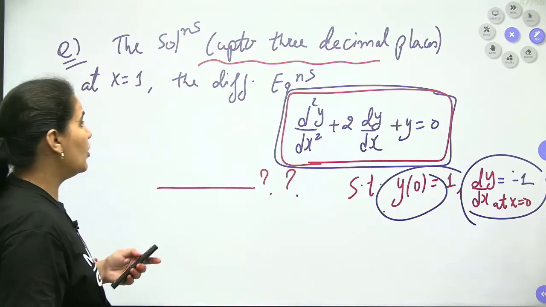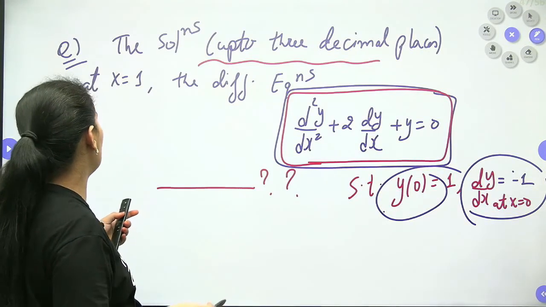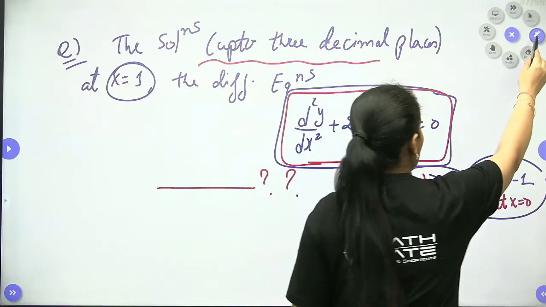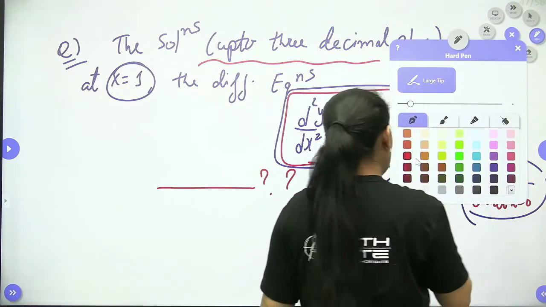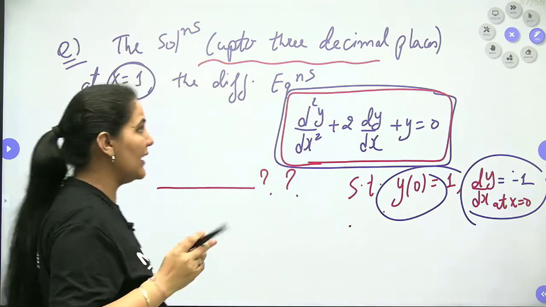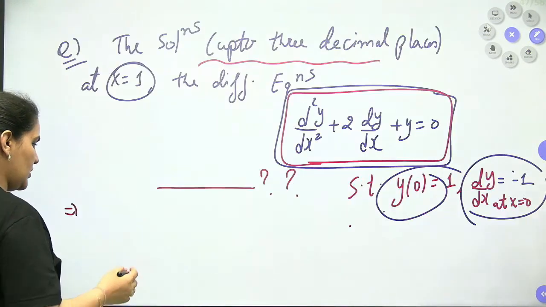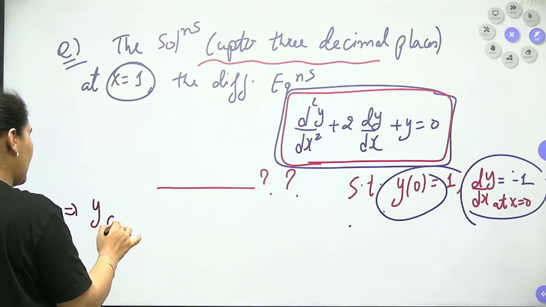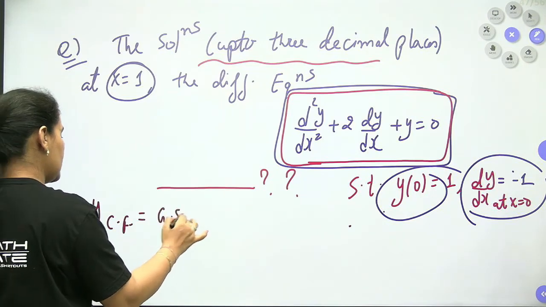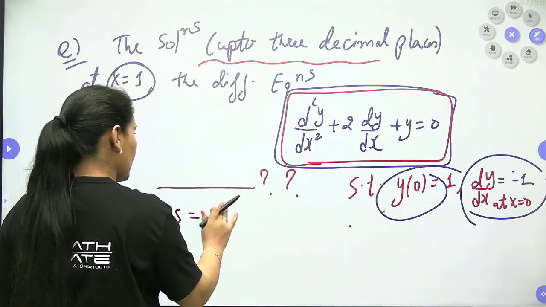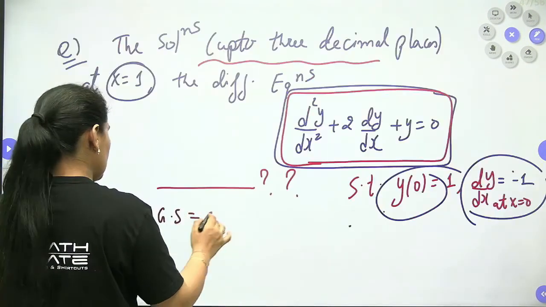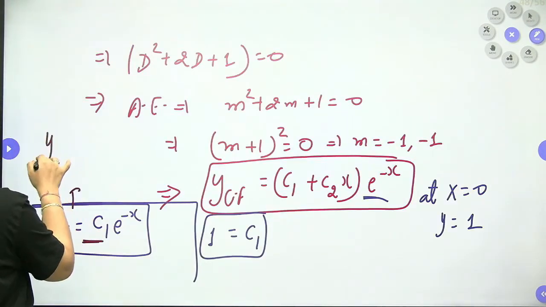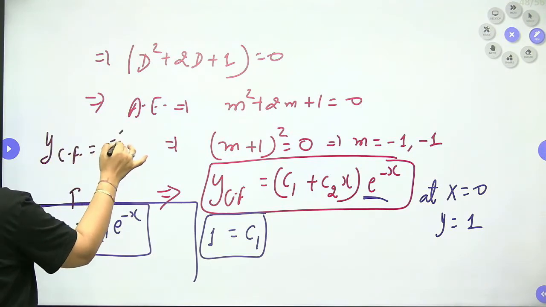Now what do you want? You want the solution at x equals 1, according to the question. So at x equals 1, with C1 equals 1, the solution will be e to the power minus 1 only.